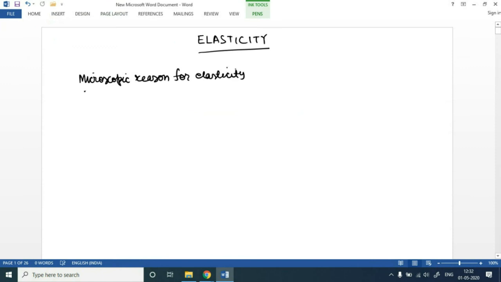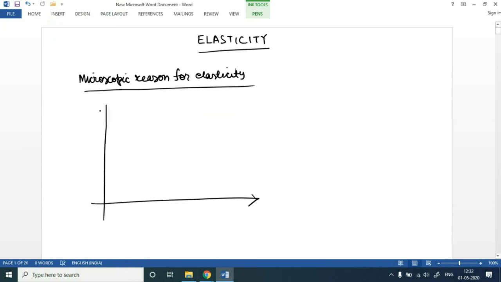So when we look at the potential energy versus separation graph of molecules, this graph looks something like this. Clearly you can see, let's say this is r equal to r naught.